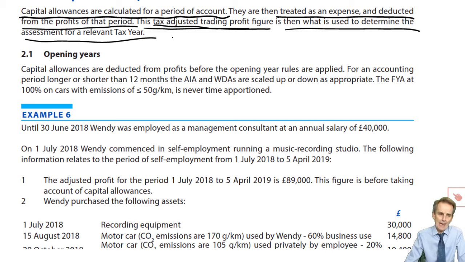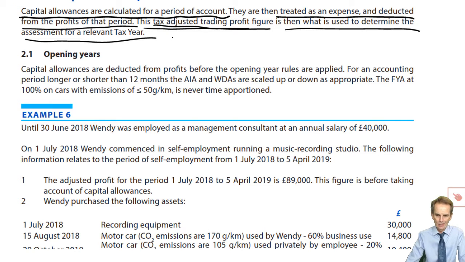If you buy assets in, for example, November, December, but you start trading then on the following 1st of January, a month or 2 months later, all that happens with the expenditure incurred prior to the commencement of trading, pre-trading capital expenditure here, is that expenditure, so long as it's on qualifying plant and machinery, is simply treated as being bought on the first day of trading, and your normal allowances will therefore ensue and be available.